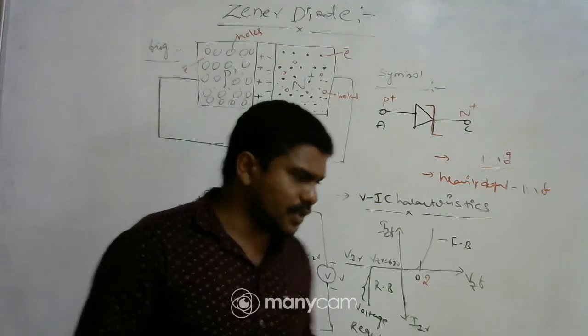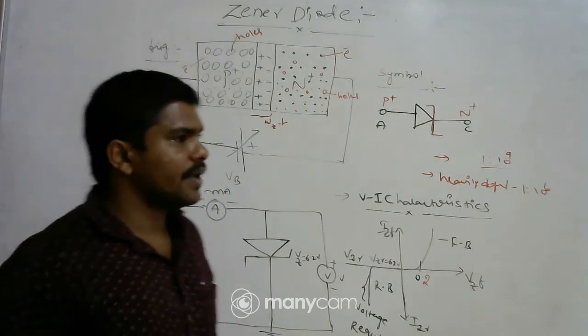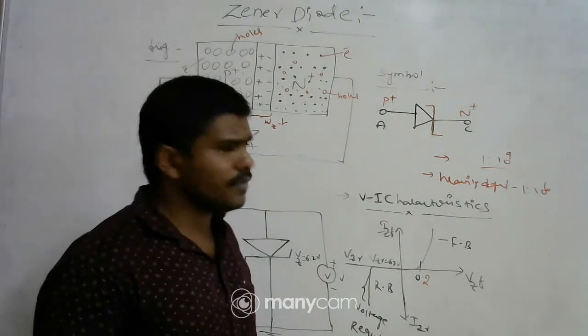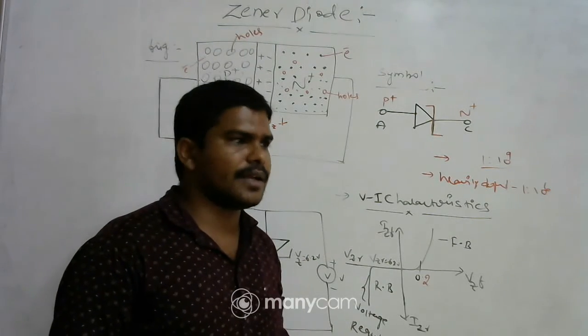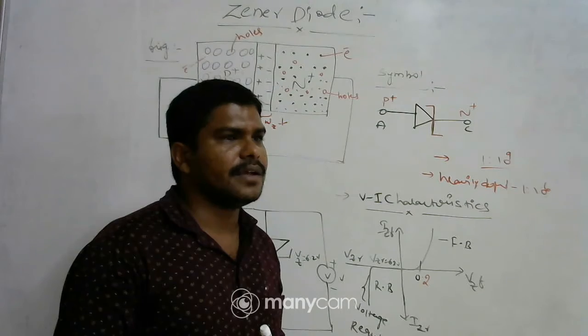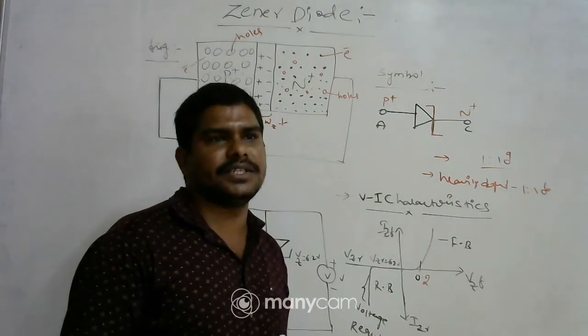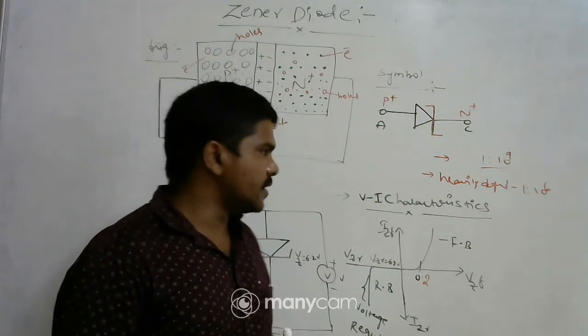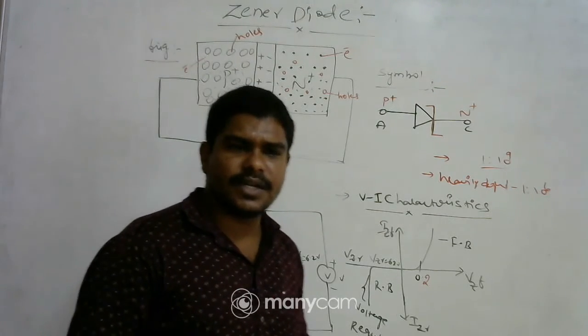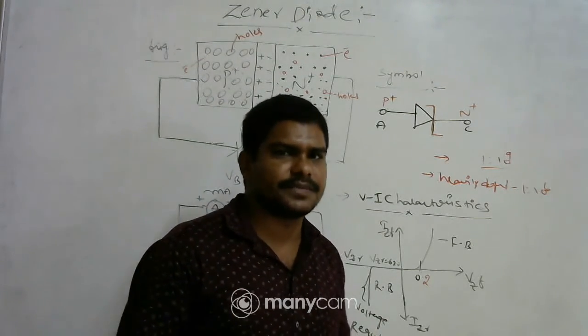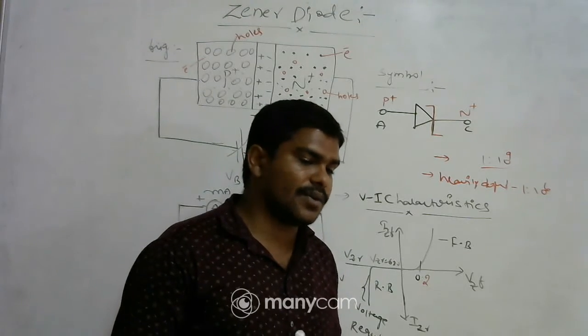We can use this kind of diode in a mobile charger or any adapter, or if you want to run a device at a particular voltage. The Zener diode acts as a voltage regulator.